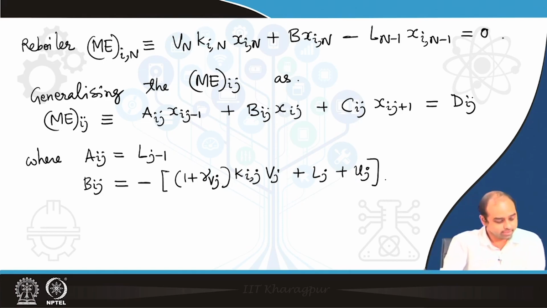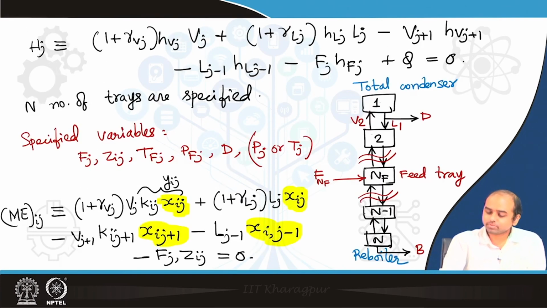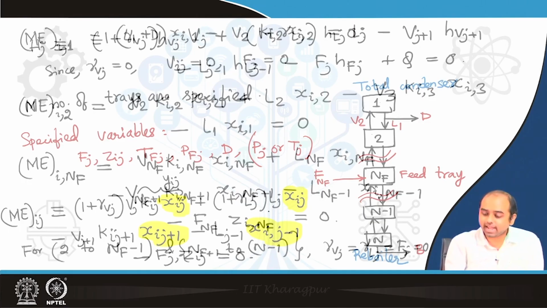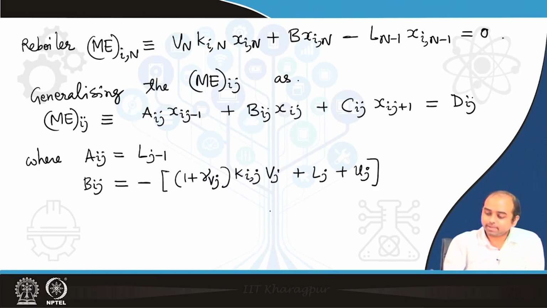So if I go back, you have 1 plus gamma Vj Kij, and then again you have 1 plus gamma Lj, which is the coefficient of the Xij parameter.